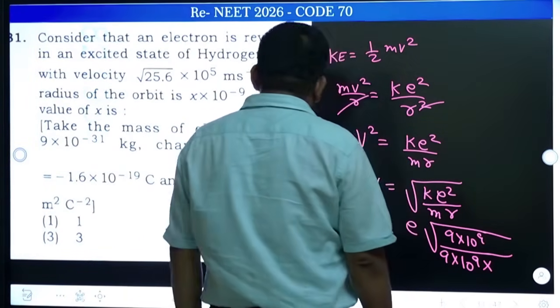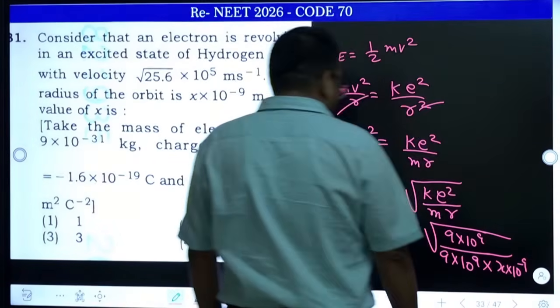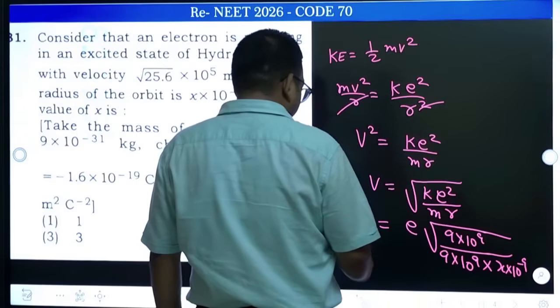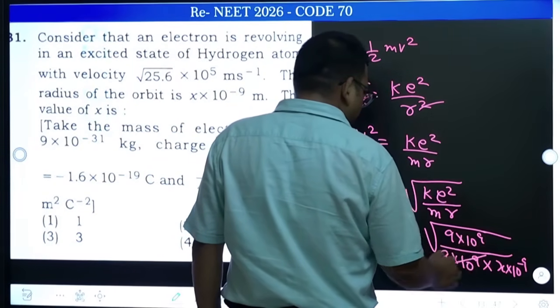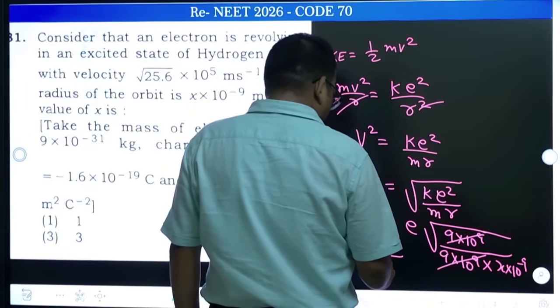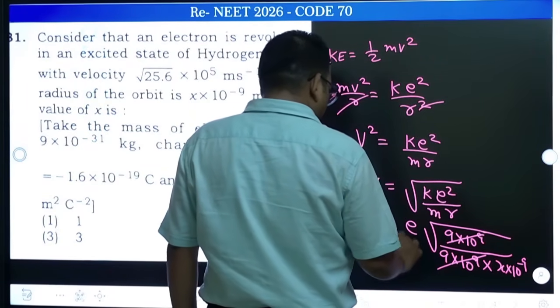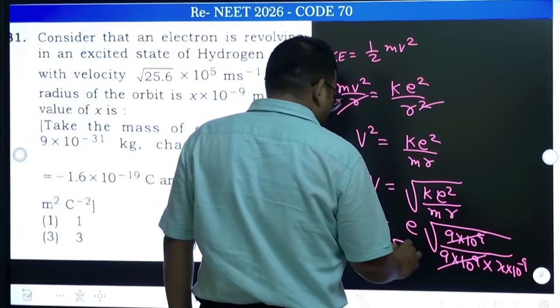Radius they have given as x into 10 to the power minus 9. If I use this, then velocity becomes, from here you see everything gets cancelled. It becomes e by root x, and 10 to the power 9 will remain inside.